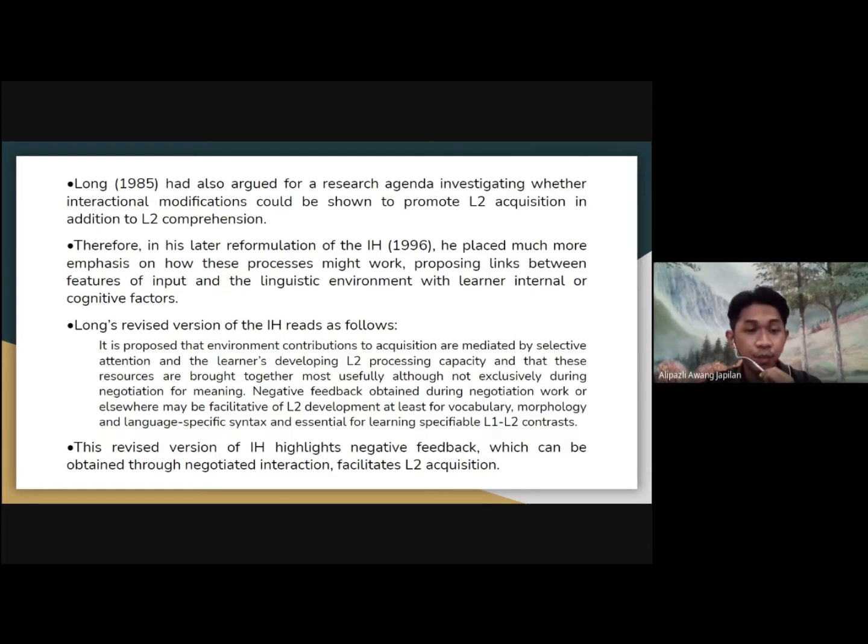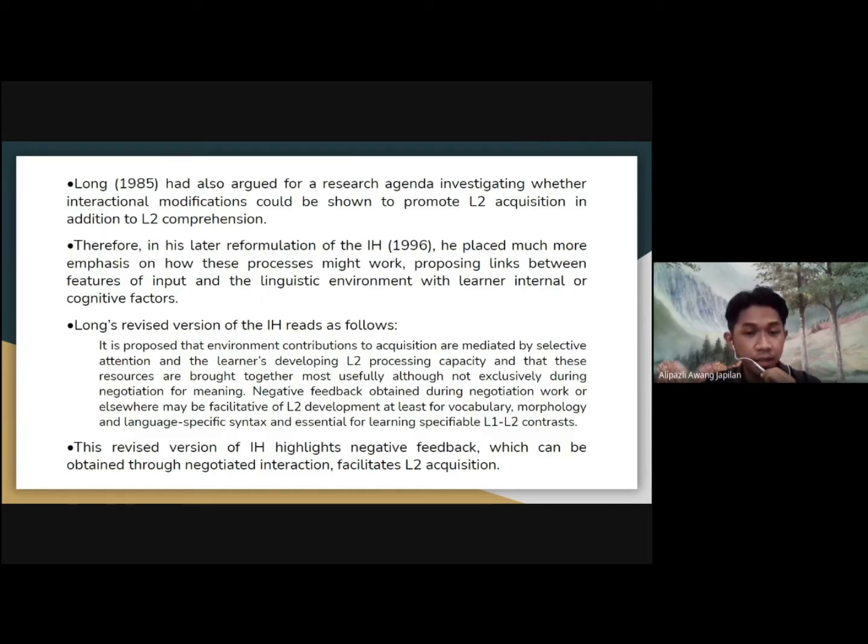He said that it is proposed that environmental contributions to acquisition are mediated by selective attention and the learner's developing second language processing capacity, and that these resources are brought together most usefully, although not exclusively, during negotiation for meaning.